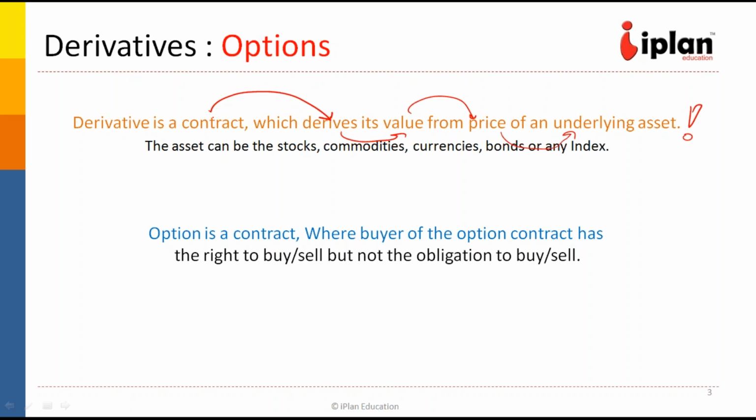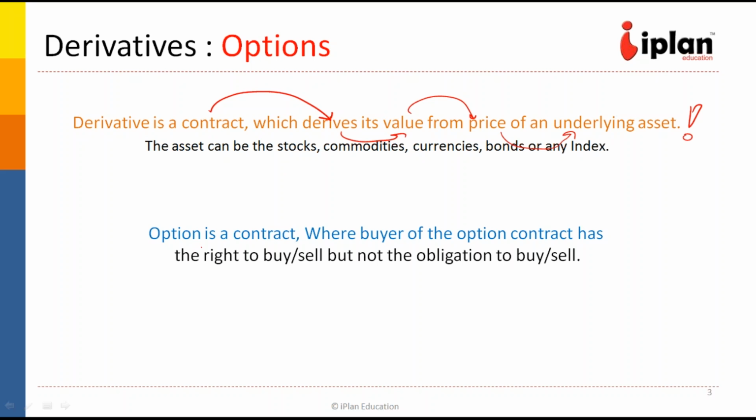Till now we have understood that in future contracts, if the spot price goes up, the contract price goes up. If the spot price goes down, the price goes down. Assets can be stocks, commodities, currency, anything.